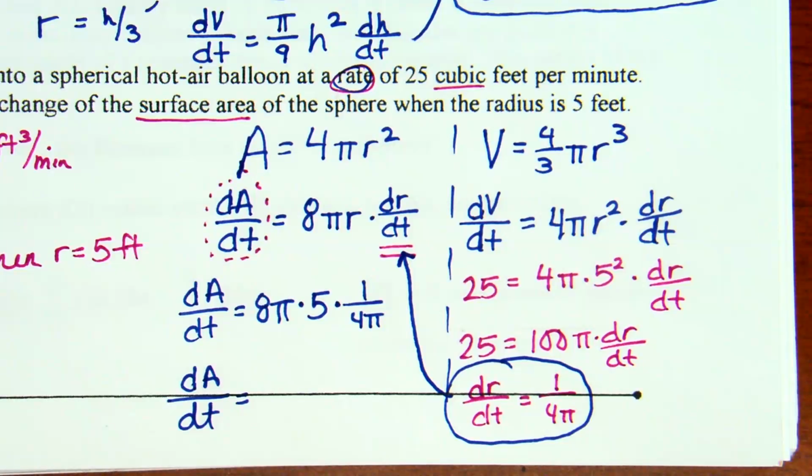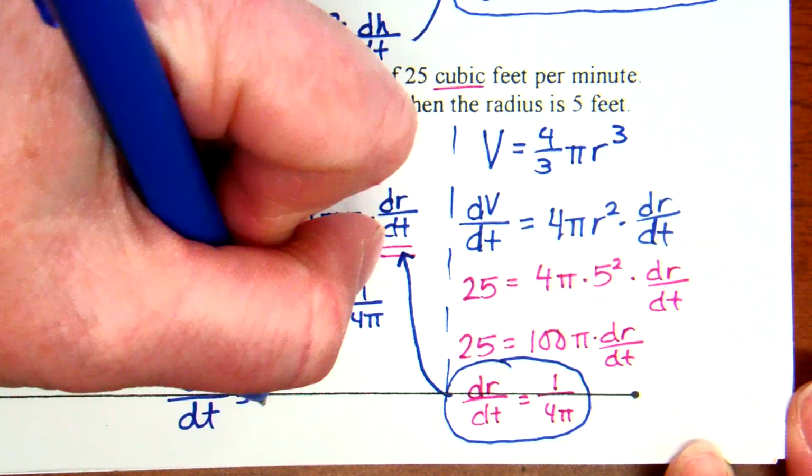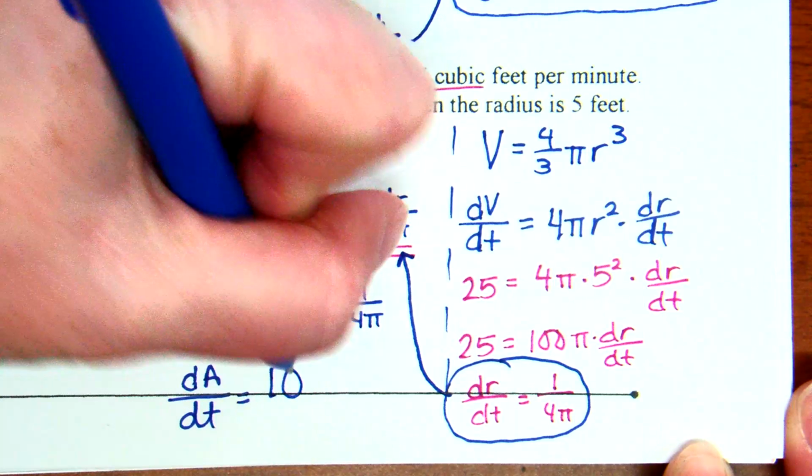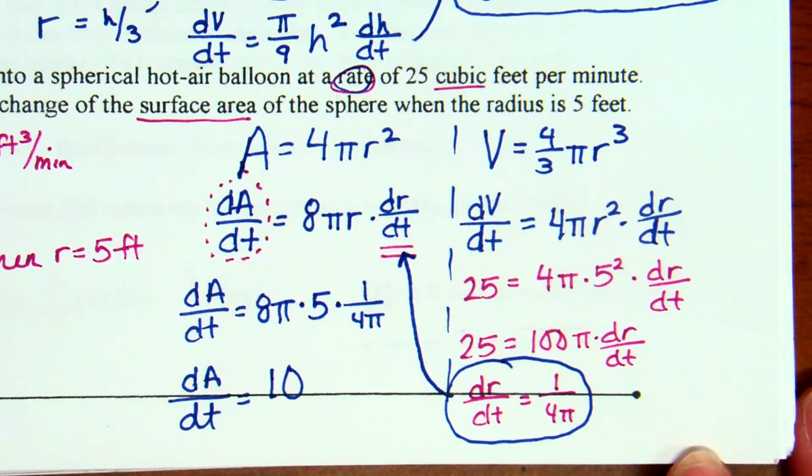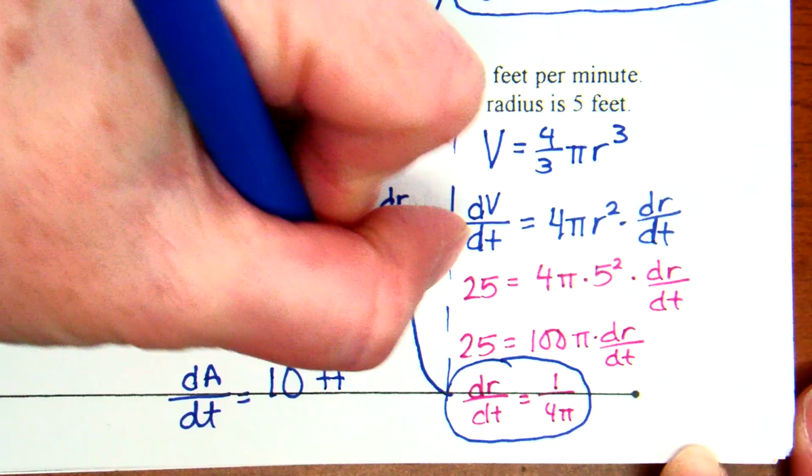Pi over pi will cancel, and so I have 10. 10 what? If this is dA/dt I'm finding. Feet squared per minute.